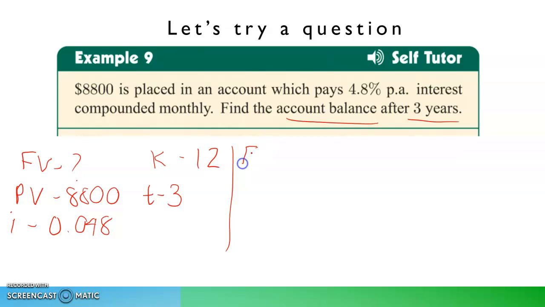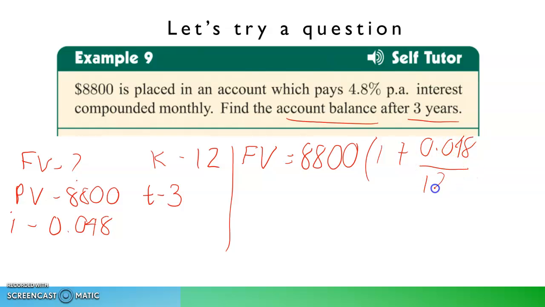Future value, let's leave that as FV because that's what we're trying to work out. So we have 8,800. And then we're going to put 1 plus 0.048 over 12. And then in our exponent, 12 times 3.